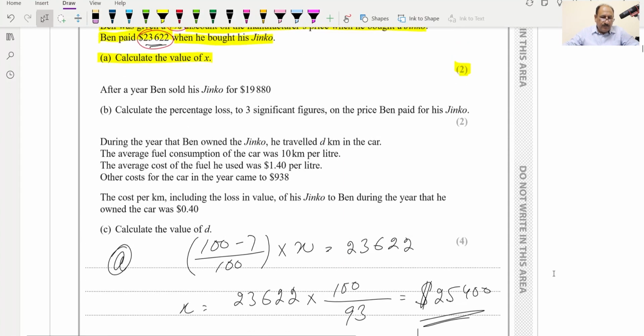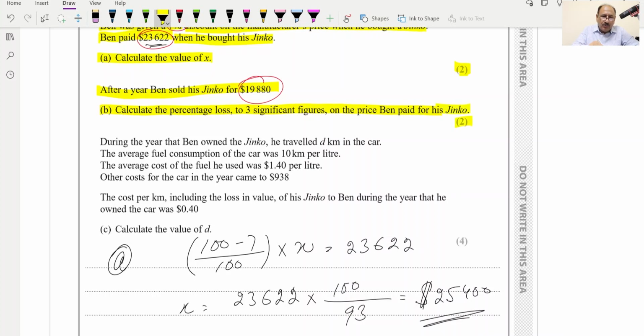Now for B part, after a year, Ben sold his Jinko for 19,880. So calculate the percentage loss. Because he sold at a lesser price, percentage loss to three significant figures on the price Ben paid for his Jinko.